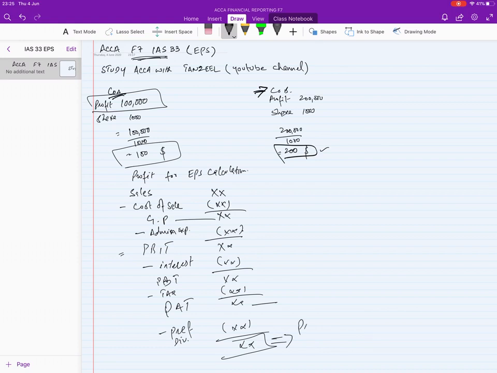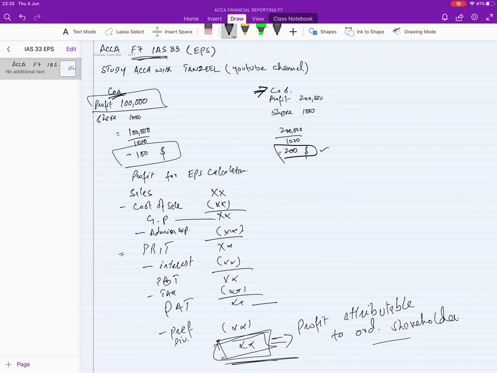This will be the profit attributable to ordinary shareholders. It means this profit belongs to the ordinary shareholders. No one has the right on this but the ordinary shareholders.